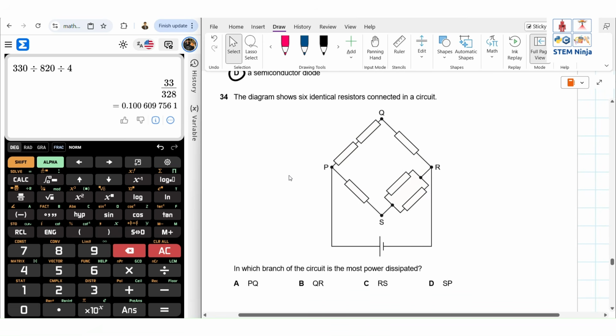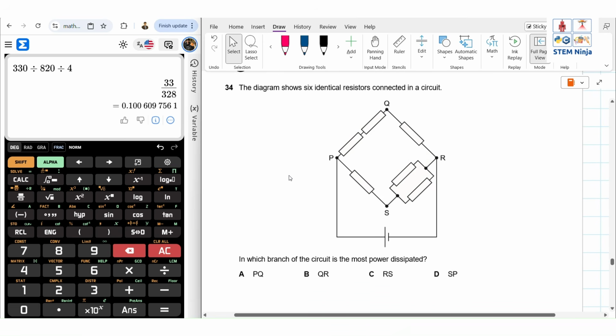The diagram shows 6 identical resistors connected in a circuit. In which branch of the circuit is the most power dissipated? That means in which branch is the most resistance. That's what the answer is.